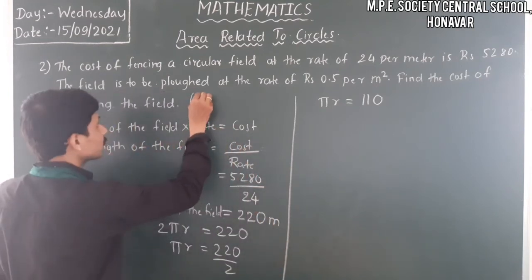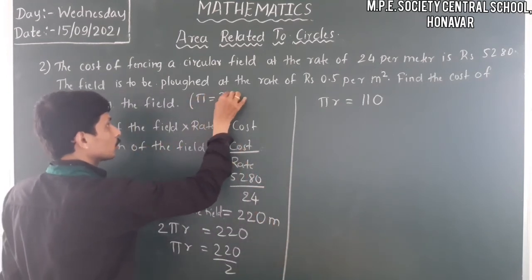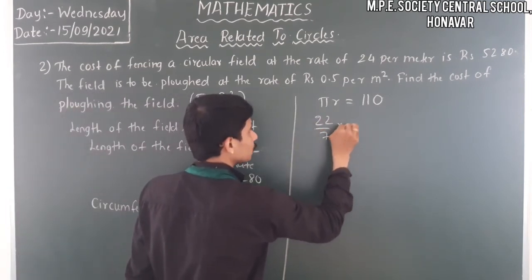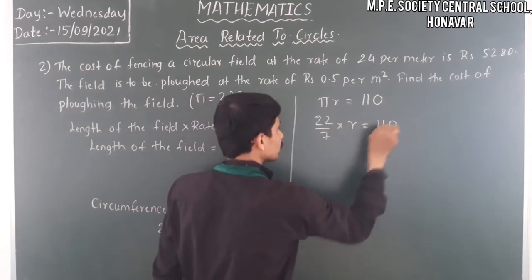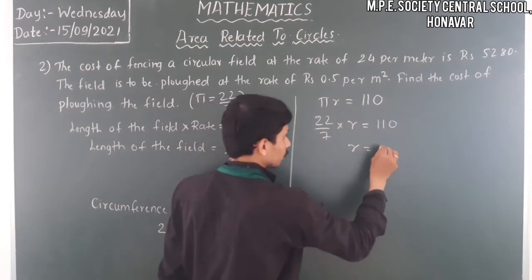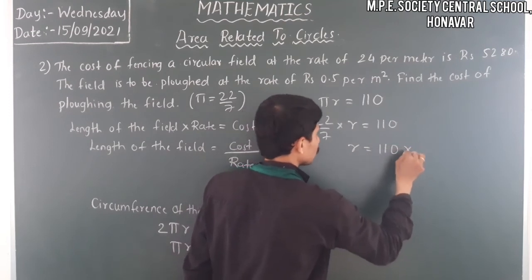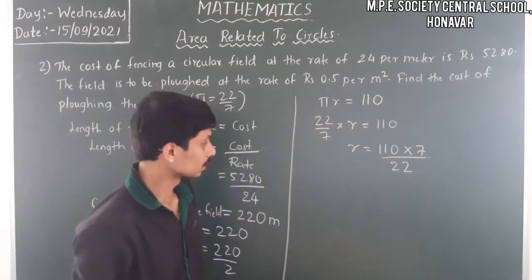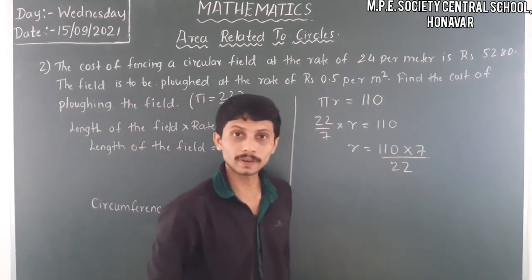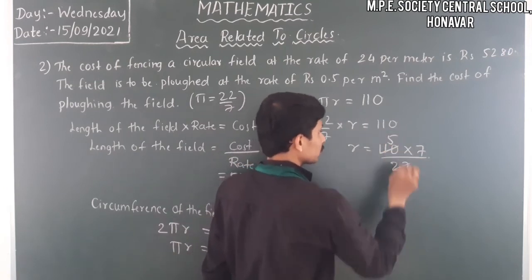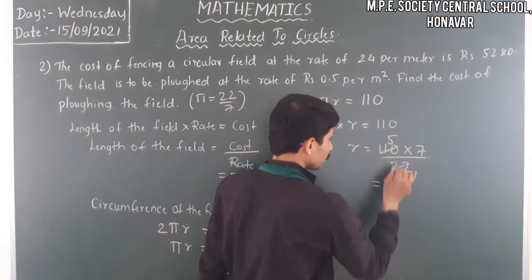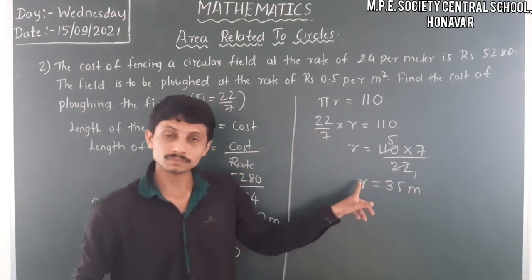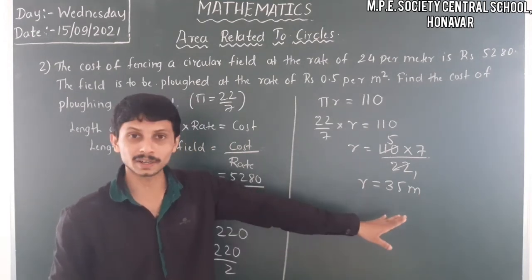At the time they are giving like this, pi is equal to 22 by 7. So we can substitute 22 by 7 into r is equal to 110. Then r is equal to 110 into 7 divided by 22. Here just observe, 22 into 5 is 110, so it is 7 into 5, 35. Radius is equal to 35 meter. This means the radius of the circular field is 35 meter here.